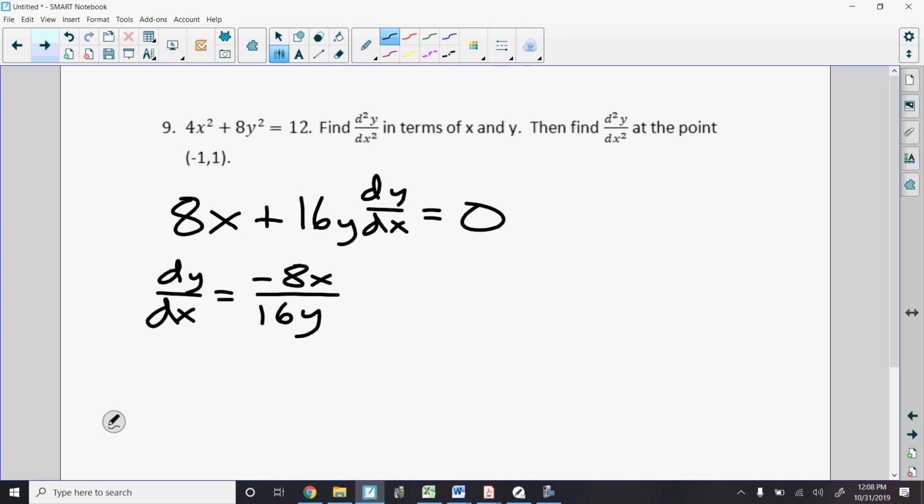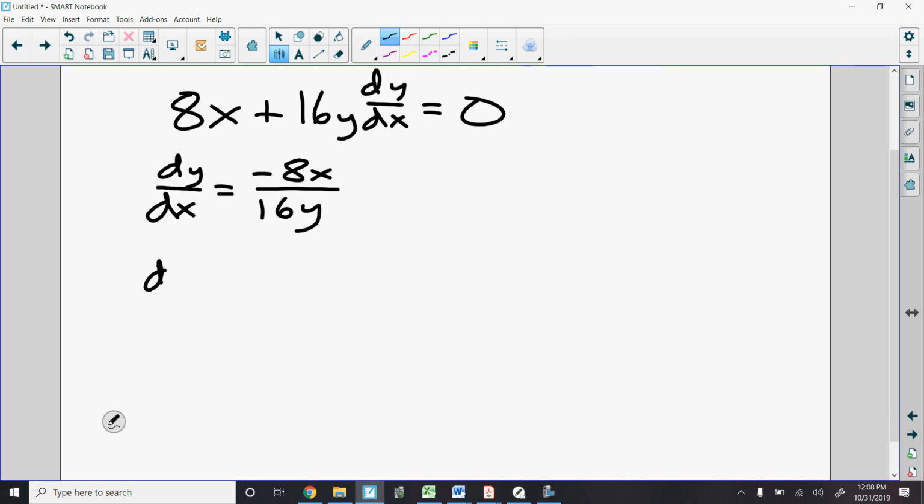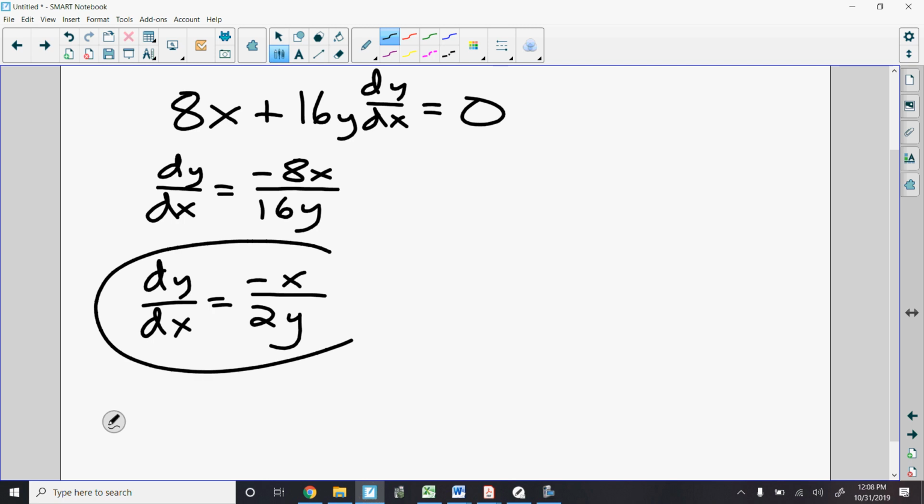So I need to simplify right here. And I'm going to say dy/dx equals, both of them divide by 8, so it's going to be negative x over 2y. I like to circle my dy/dx, because I know I'm going to have to plug in so I can get it in terms of x and y.